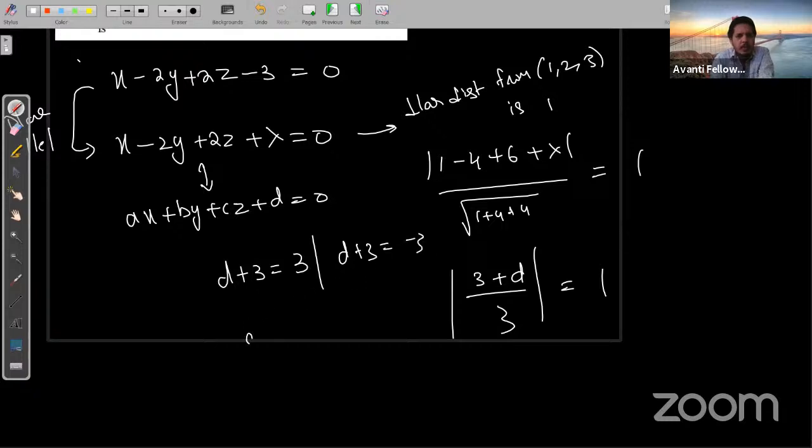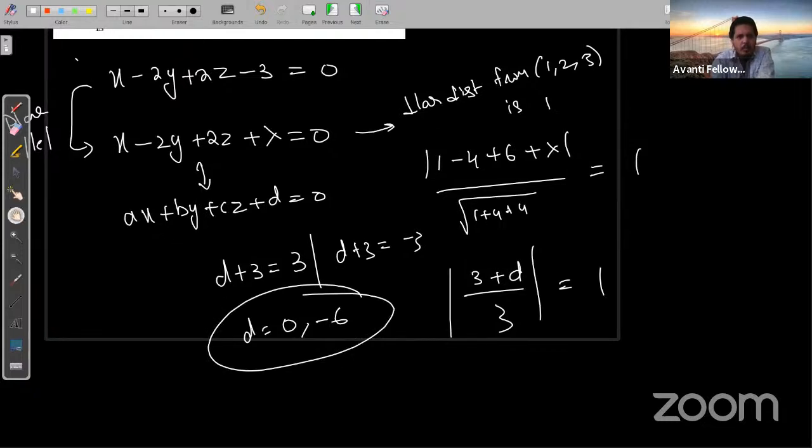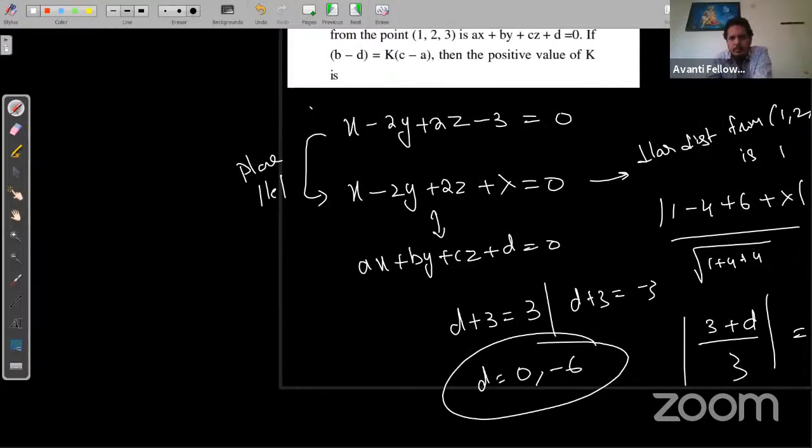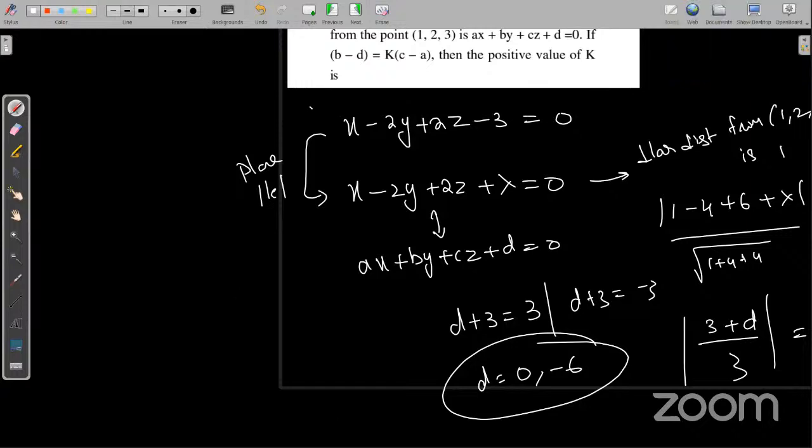So d is equal to 0, minus 6. I got two values for d, that's fine. Let us check what we need first of all. Let me write every value. Give me 1 second, guys. Everyone try to find the value in the meantime.